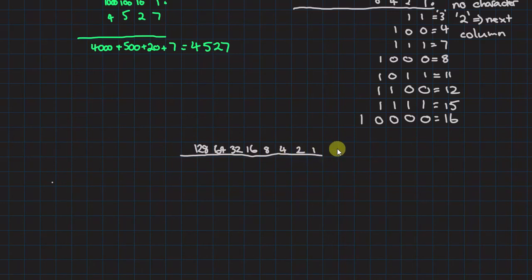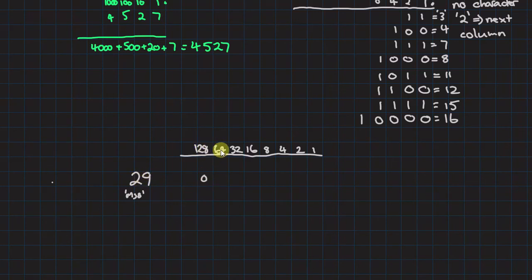Choose a random number. Let's say I want to encode 29. The way to code it is you find out the most significant bit first. So we're looking for the MSB. Which bit can go into this number most? 128?